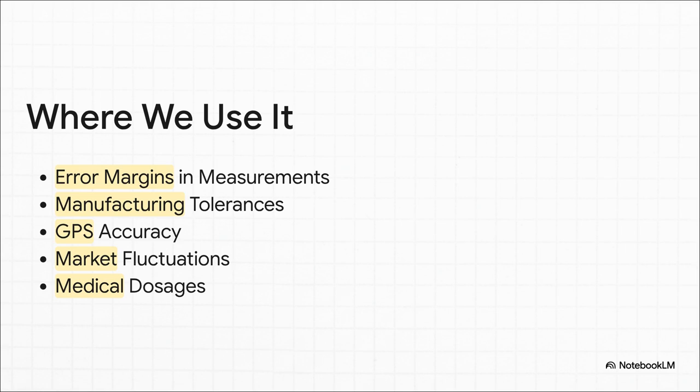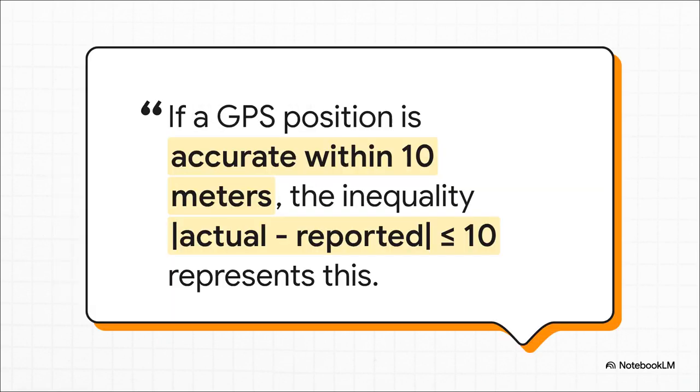Absolute value is the language we use to talk about what's close enough, what's an acceptable error. The GPS example is just perfect for this. Your phone doesn't know exactly where you are, it gives you a circle of probability, a range. That's literally an absolute value inequality in action. It's telling you the maximum distance between where it thinks you are and where you actually are.